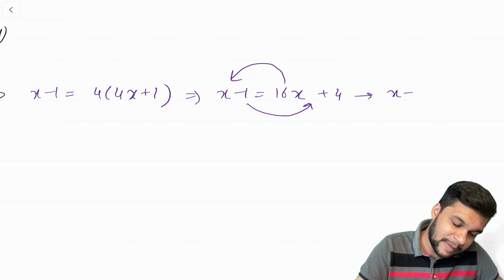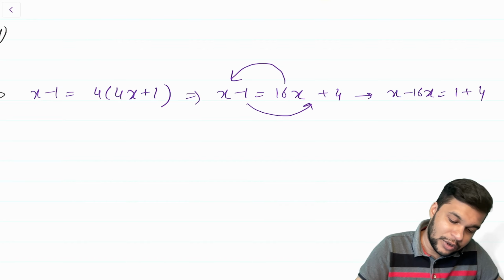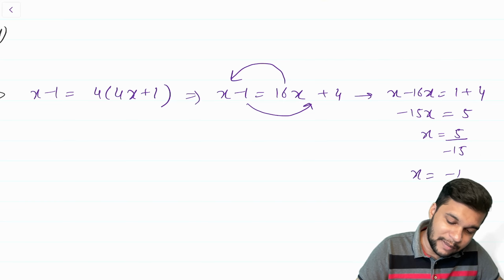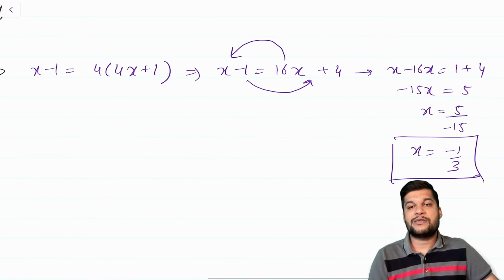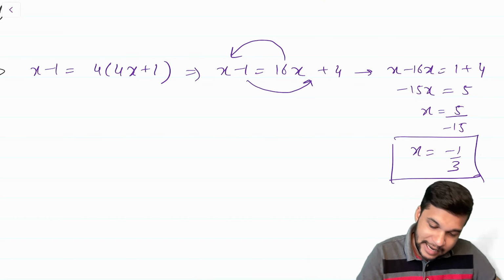So you get x minus 16x equal to 1 plus 4. So minus 15x equal to 5. X equal to 5 upon minus 15. X equal to minus 1 by 3. So at x equal to minus 1 by 3, the graph meets.